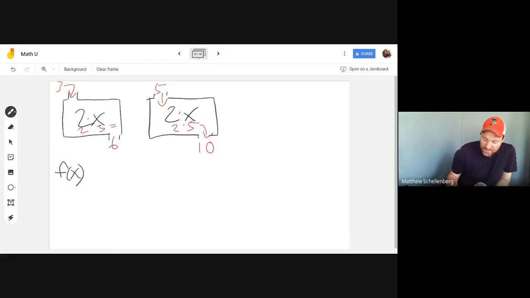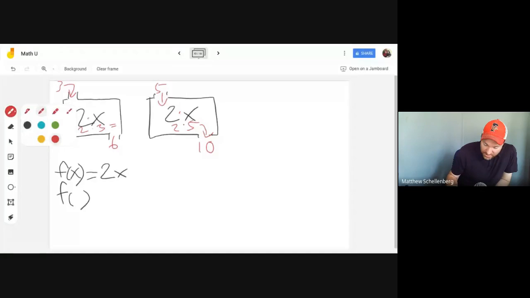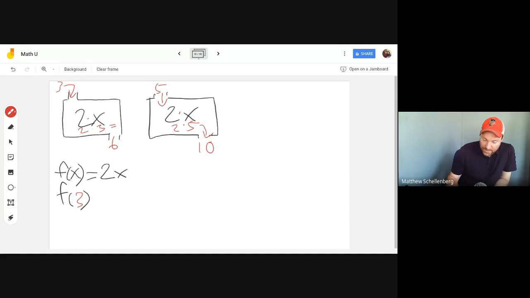And so in this case, the function is 2x. And what you plug in, that red value there, would be the number that you're replacing x with. So as we can see here, if we plug in 3, that equals 2 times 3, which if we do the math, gives us 6.